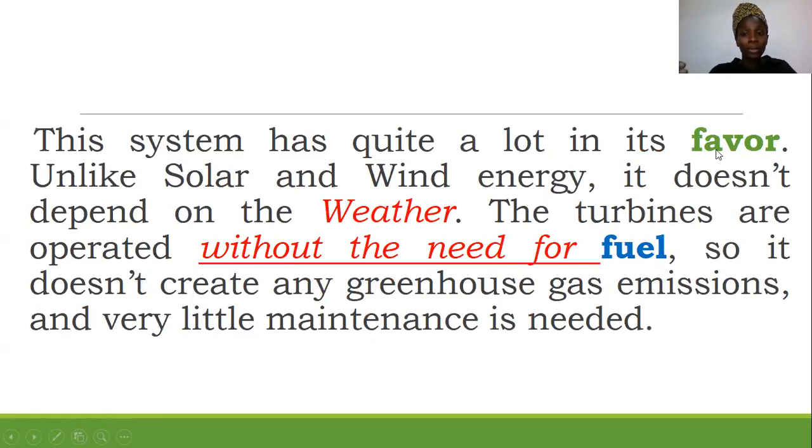You can listen to the audio again. You can pause it, play it over and over until you get accustomed to it, right? So when you hear this system has quite a lot in its favor, you can see that the difference from this particular question and the first one was that favor is a synonym for advantages. That tells you that you're approaching your answer.